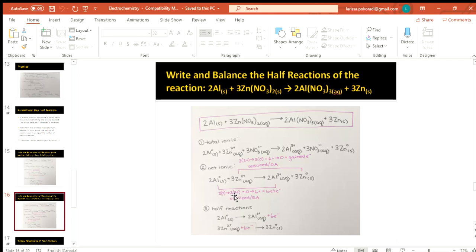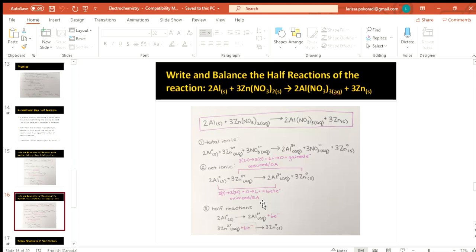So I've ended up multiplying those out. I've got 2 times 0, so obviously that's still a 0, and 2 times 3, 6. So I've gone up in charge by 6. I've lost electrons to go up in charge. I've lost 6 electrons to go up in charge by 6, right? And so if I've lost electrons, I've been oxidized, or in other words, aluminum is the reducing agent.